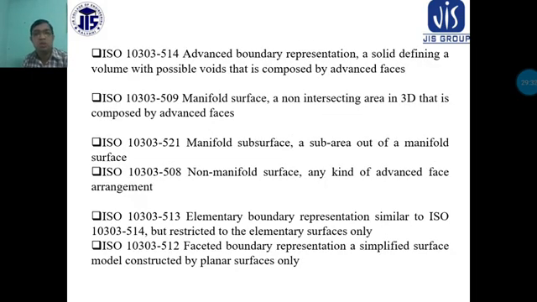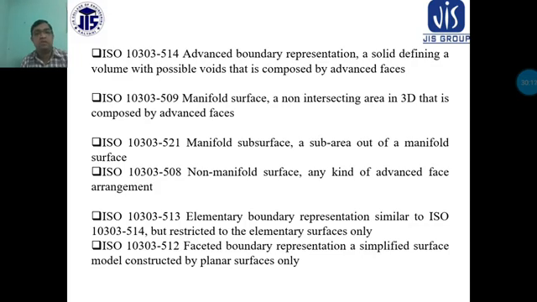ISO 10303-514 advanced boundary representation is a solid defining a volume with possible voids, composed of advanced faces. ISO 10303-509 manifold surface is a non-intersecting area in 3D composed of advanced faces, and ISO 10303-521 manifold surface is a sub-area out of a manifold surface.